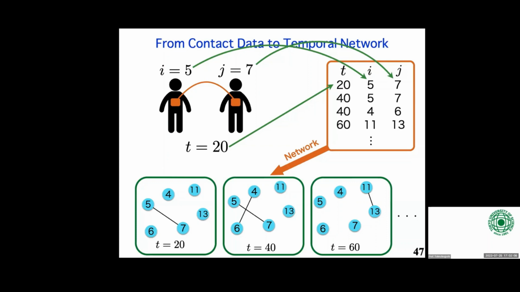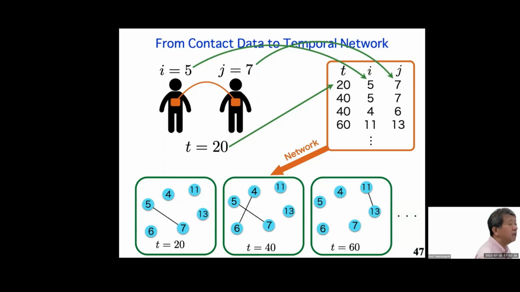The second and third lines are, for example, 5, 7 and 4, 6, which indicates that persons 5 and 7 were in contact, and persons 4 and 6 were in contact. These contacts are made during the next period, which means at time 40.